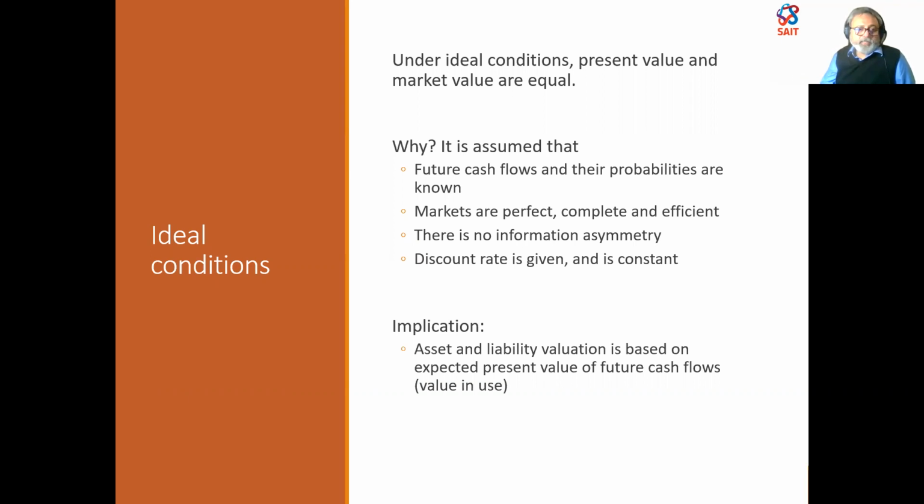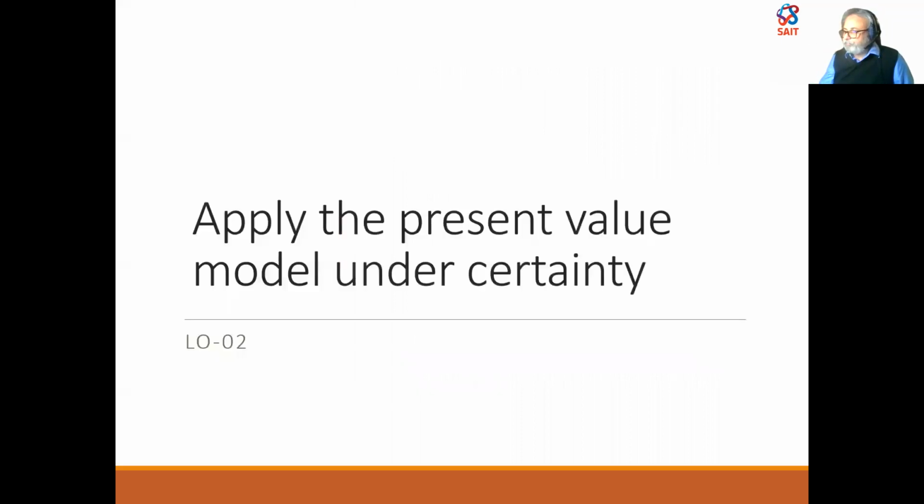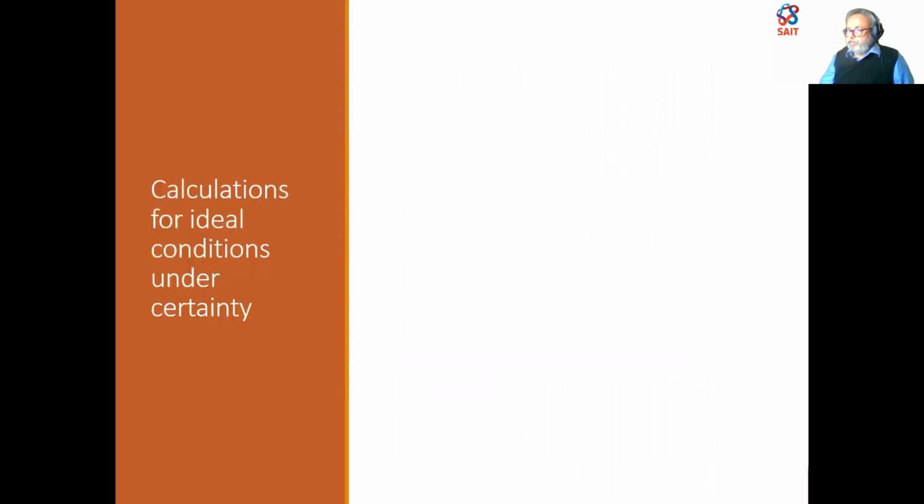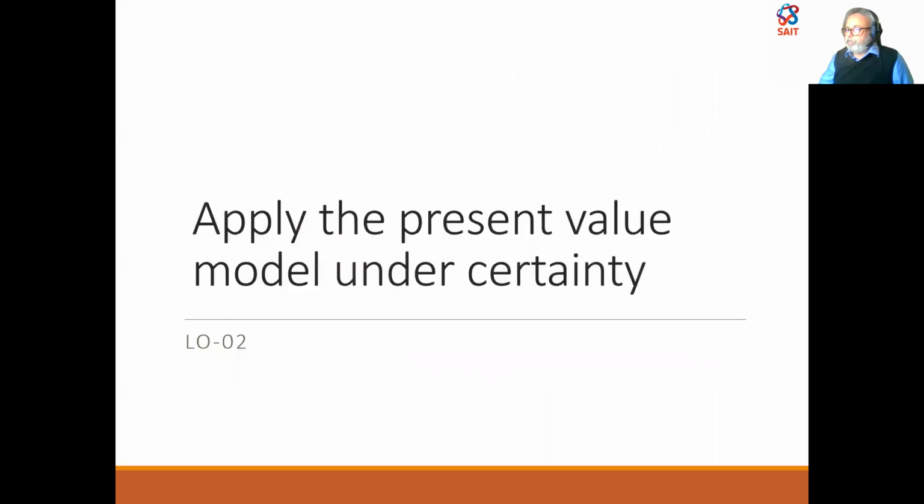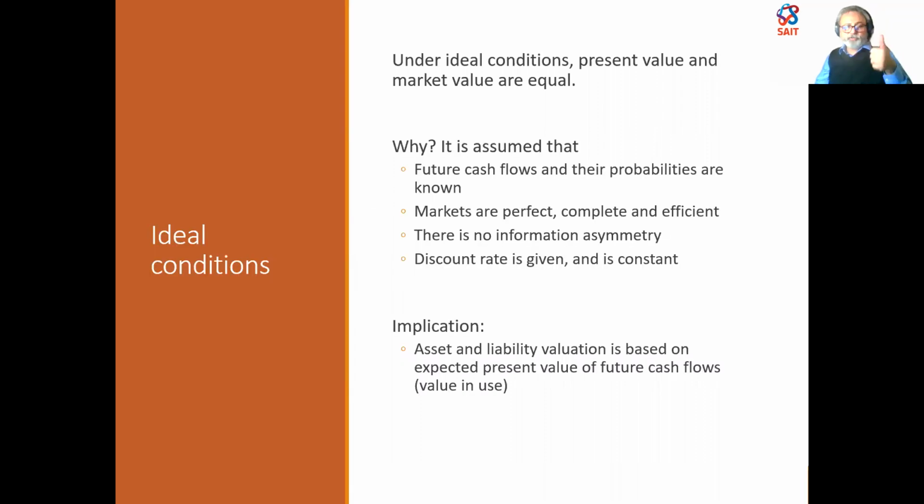And accounting is just a simple matter of amortizing any discount that arises due to the PV calculation. So how do we apply the present value model under certainty? The calculations, when you have ideal conditions, again, future cash flows are known.